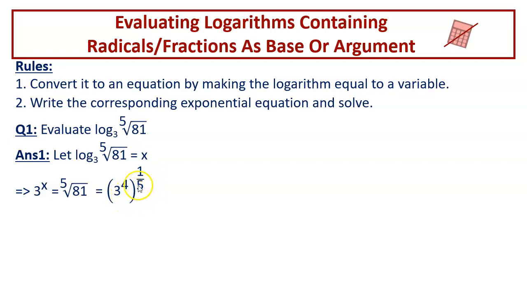So it will be 4 times 1 over 5, which is 4 over 5. That is 3 raised to the power of 4 over 5. Now we have the same base, 3, on either side of the equal to sign, so we can equate the powers. x will be equal to 4 over 5, and x is log of 5th root of 81 to the base 3. So this is equal to 4 over 5, or this can be written in decimal form, 0.8.